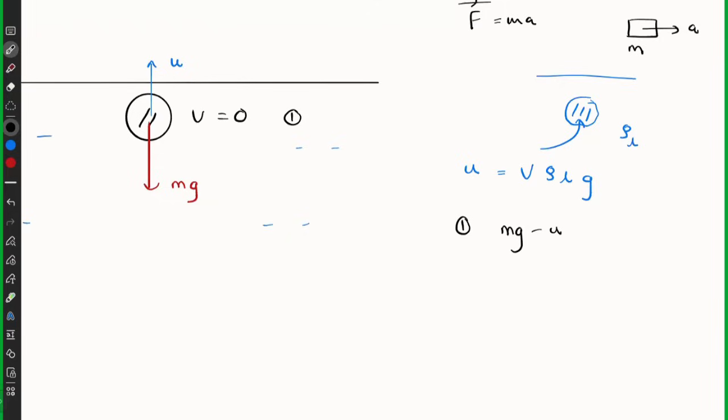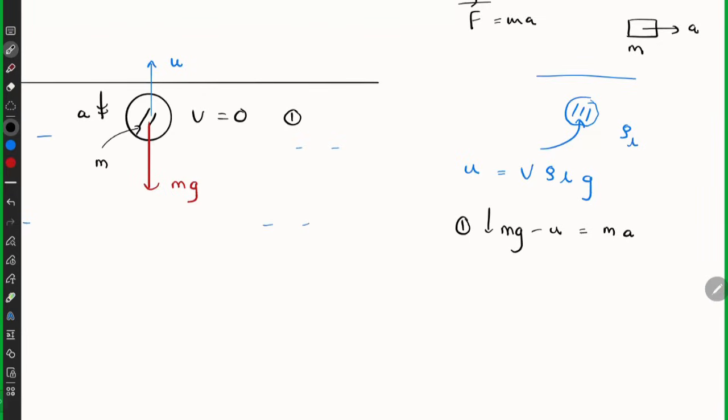So now you can see the resultant force is acting downwards. This resultant force is equal to the mass of this sphere multiplied by the acceleration that it's going to have at that instant, right? So this is going to have a particular acceleration.